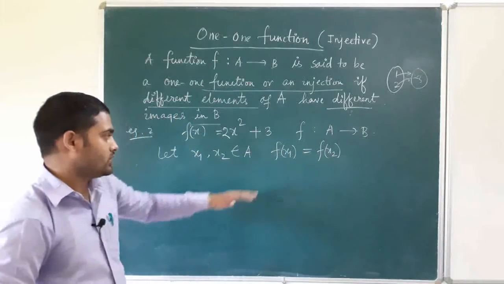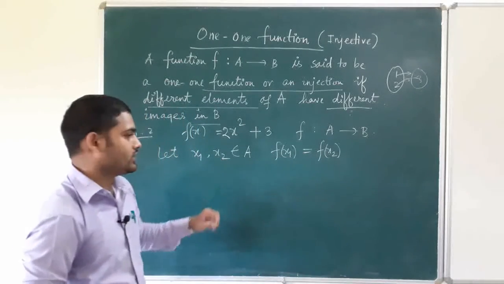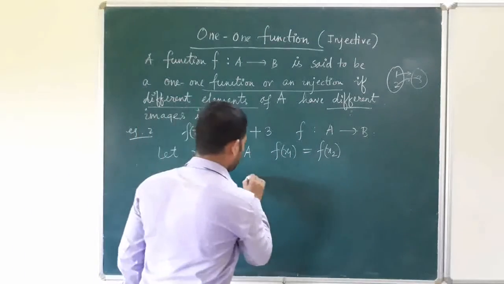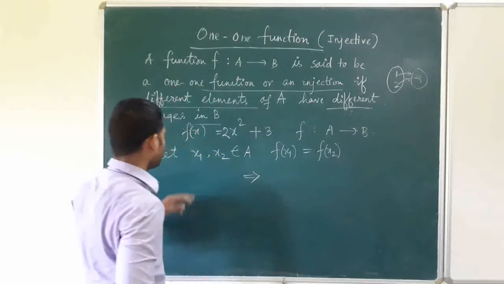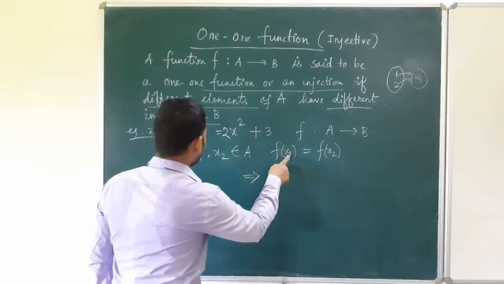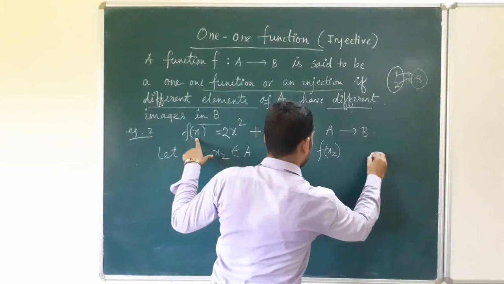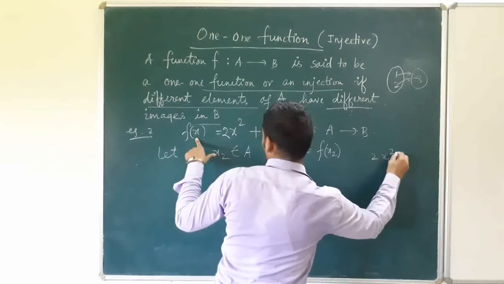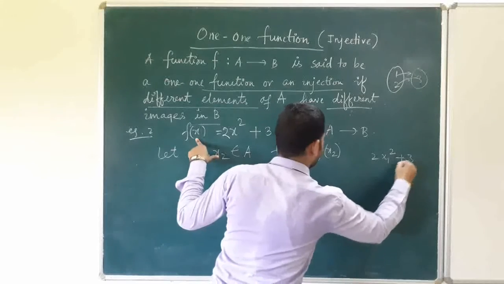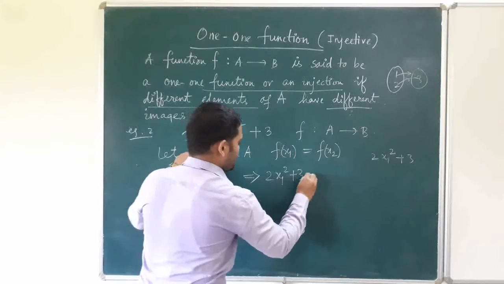If they are equal, now we simplify it. If you put x1 here, then you get 2x1 square plus 3.